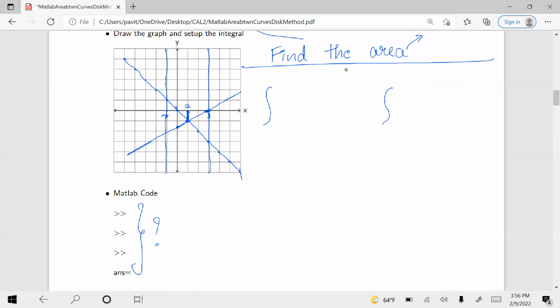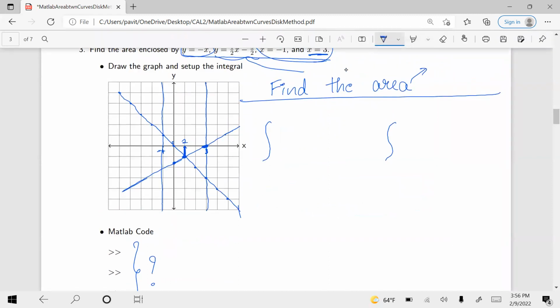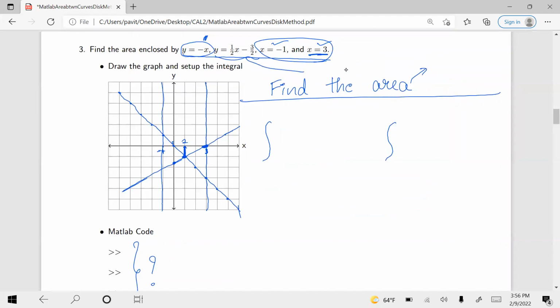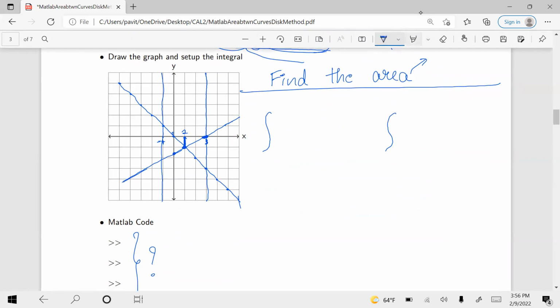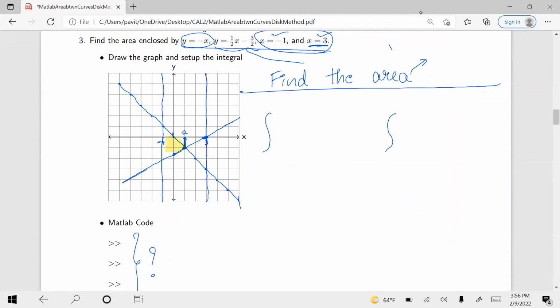Now we know that I have a graph here, right? Now what part should I find the area of? That's the question, and because of that only we did the graph, right? We need to know what part we have to find the area of. So this is the part which I'm going to find the area of, the shaded region.